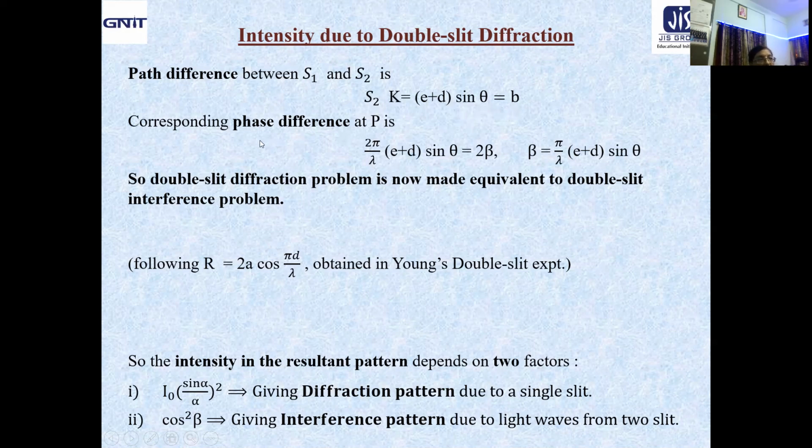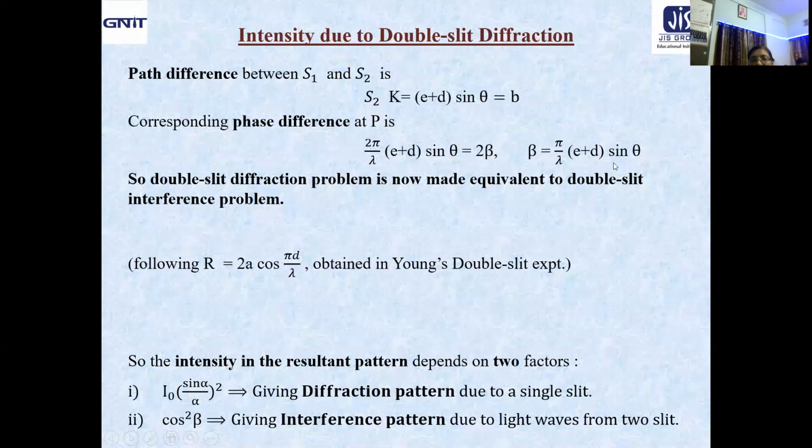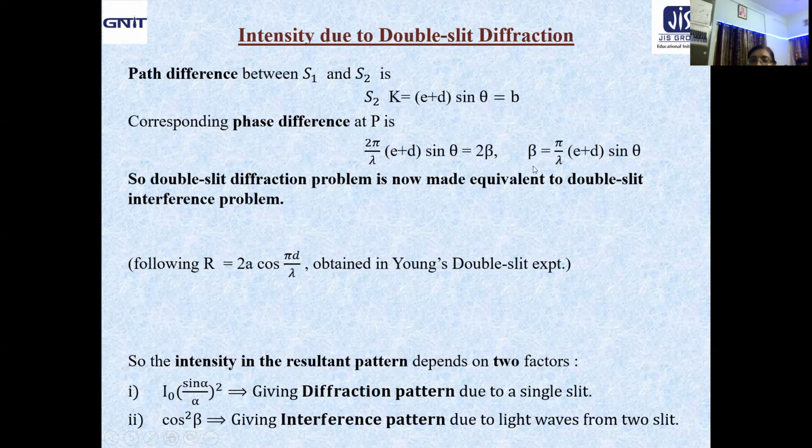So what about the corresponding phase difference at P? 2 pi by lambda into (e plus d) sine theta. That is expressed as twice beta, where beta equals pi by lambda into (e plus d) sine theta. The name has been given in analogy with alpha we used in single slit diffraction, where alpha was pi by lambda into e sine theta.